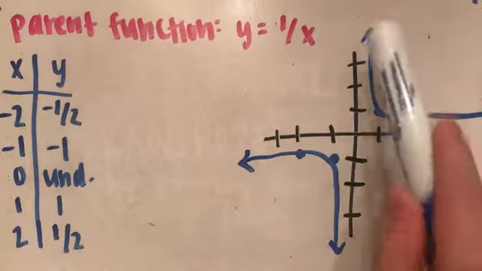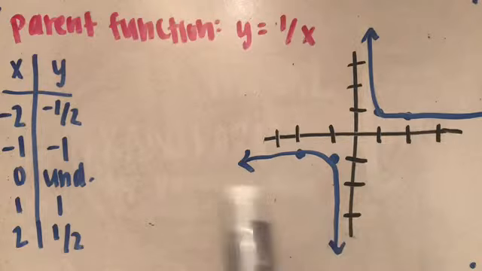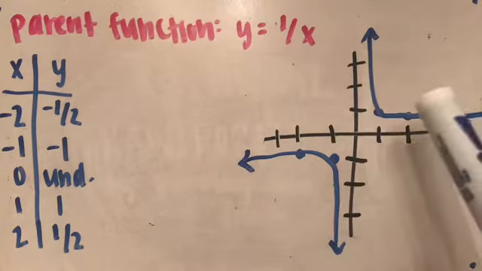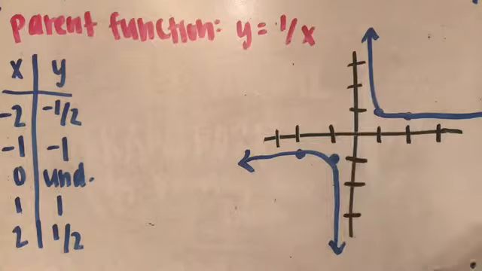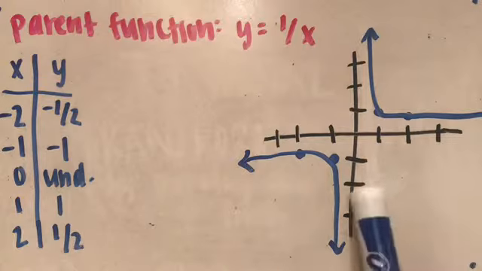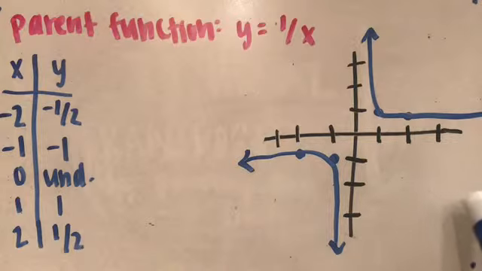As you can see, there are two lines the function never touches, which are asymptotes. So we have a vertical asymptote and a horizontal asymptote, and normally you will be asked to find these.